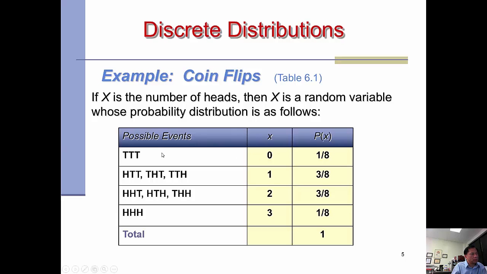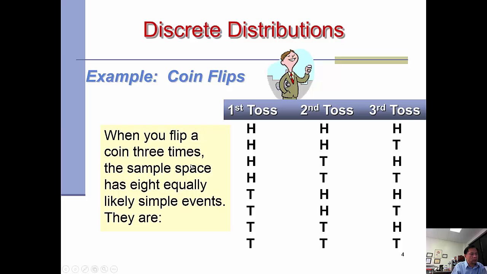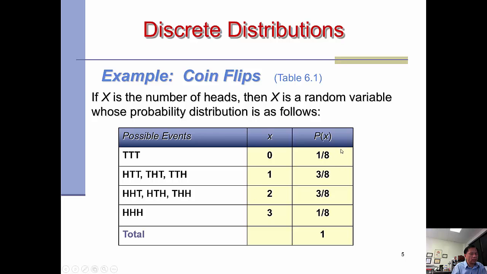The probability of x equals 0: no heads occurs when you have 3 tails. If you look at this chart here, you have 1 out of 8 possibilities, so it's 1/8 probability. The chance of getting 1 head occurs when you have HTT, THT, or TTH, so 3 of them.